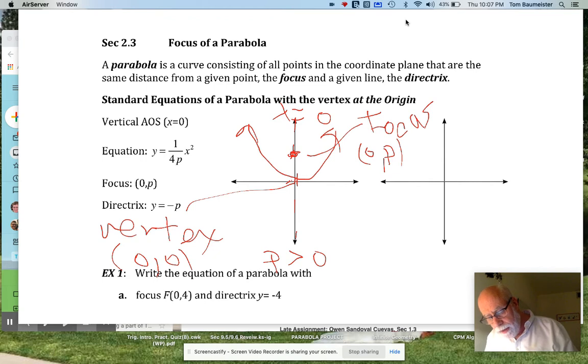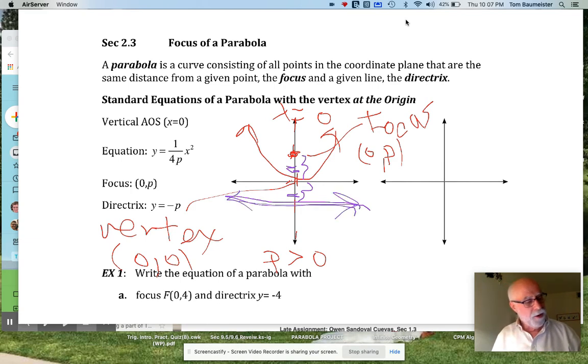What they're saying is that somewhere along this axis from our vertex, the distance to the focus and the distance to the directrix will be the same. And what we'll do is we'll have a directrix, and our directrix will be y equals negative p. Notice that it is perpendicular to our axis of symmetry.